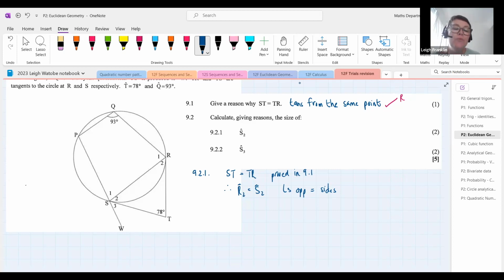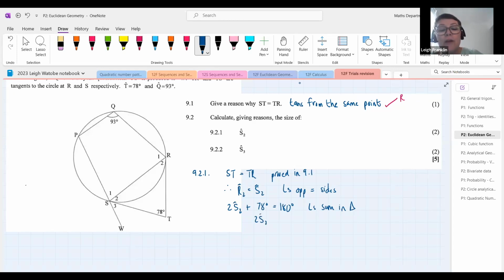Now we can do what you were suggesting, which is to take 78 away from 180 and then divide our answer by 2. Another way of setting this out is to say, if R2 equals S2, then I can have 2 of S2. If I add 78 to that, I'm going to get 180 because of the sum of the interior angles of a triangle.